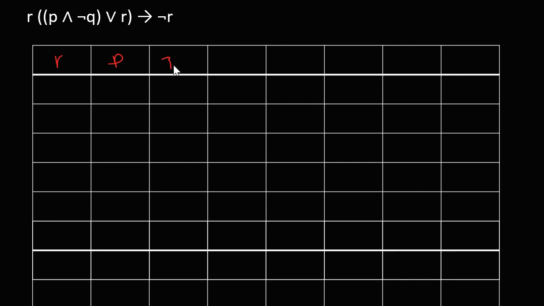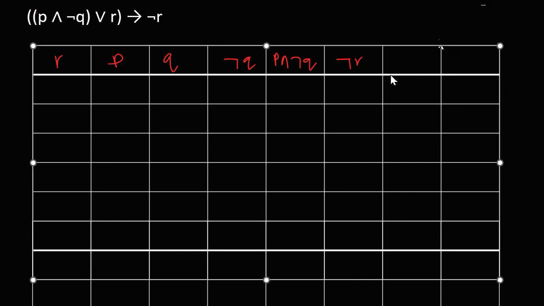I would have not Q, I will have P and not Q. I will also have not R again, and I'll also want to have this part, which is P and not Q or R. Then I'll have the whole problem in here. I won't fit it here, so I'll have it all here.